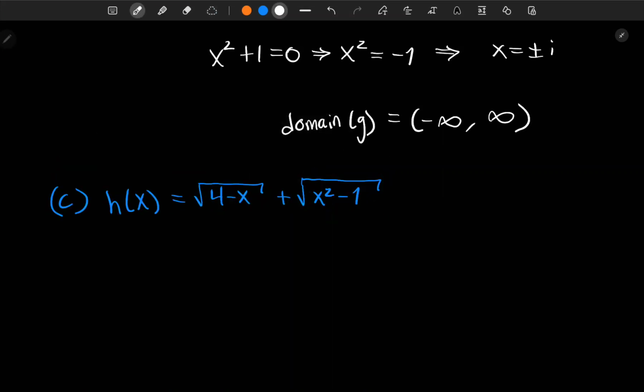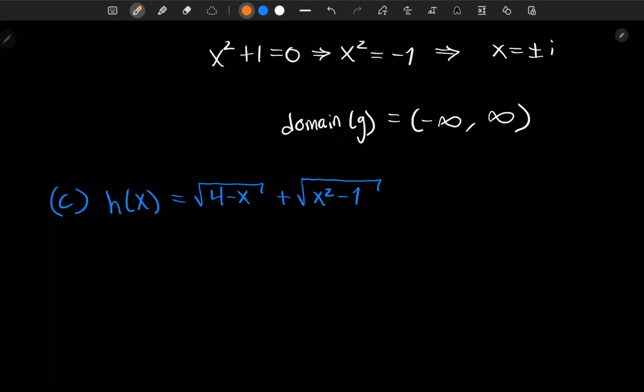But because we're doing analysis in the real plane, we are only dealing with real numbers. So we are not allowed to have negative numbers inside of these square roots. And you may notice there are certain values of x so that what's inside of the radical becomes negative.